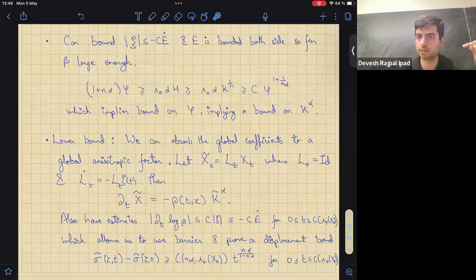So okay, coming to the other part, we also need lower bounds on speed, which can be done as follows. So we had some affine correction terms, but we can cancel these affine terms at the cost of an anisotropic factor. So if I let X_t tilde be equal to L_t times X_t, where L_t is a matrix.